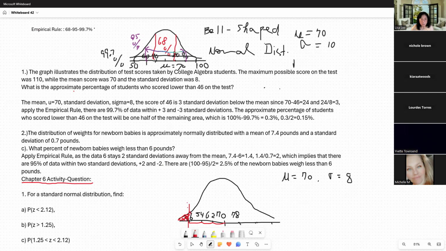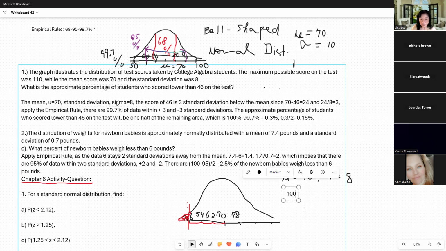You can use our empirical rule. The total, okay, I think I'd better use the test. So the total is 100%, okay? We always take the total area under the curve as 100%. So 100% divided by 100% is 100 divided by 100, which is 1. Okay.